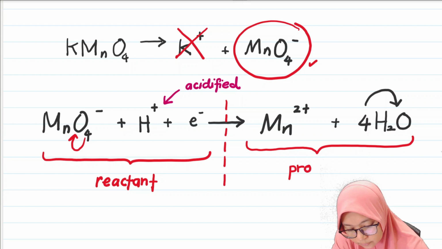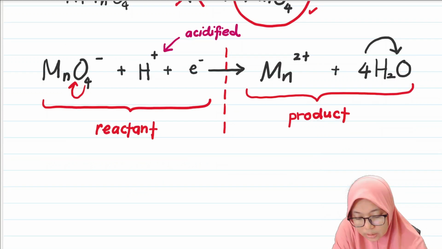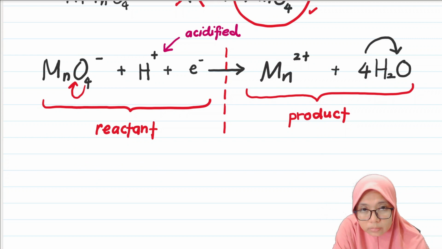Now we have to determine how many hydrogen ions and how many electrons are involved in this reaction to form this compound. How do we calculate them?